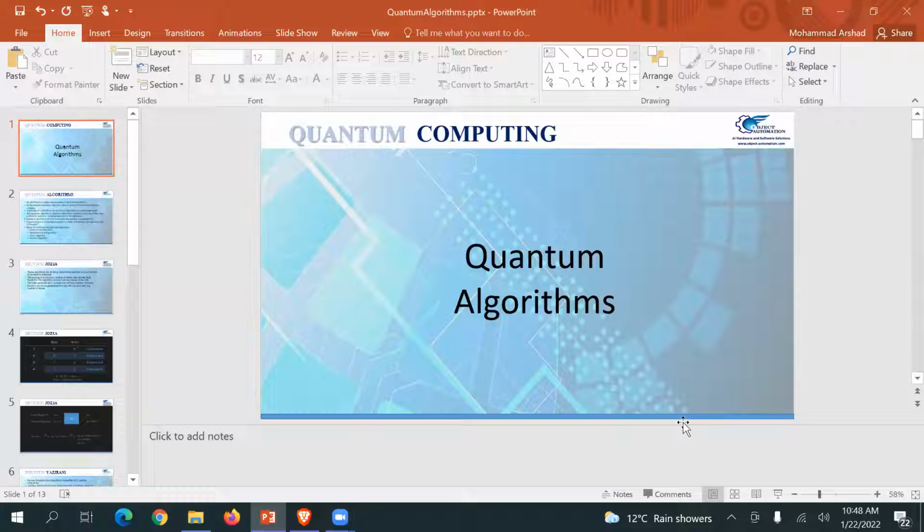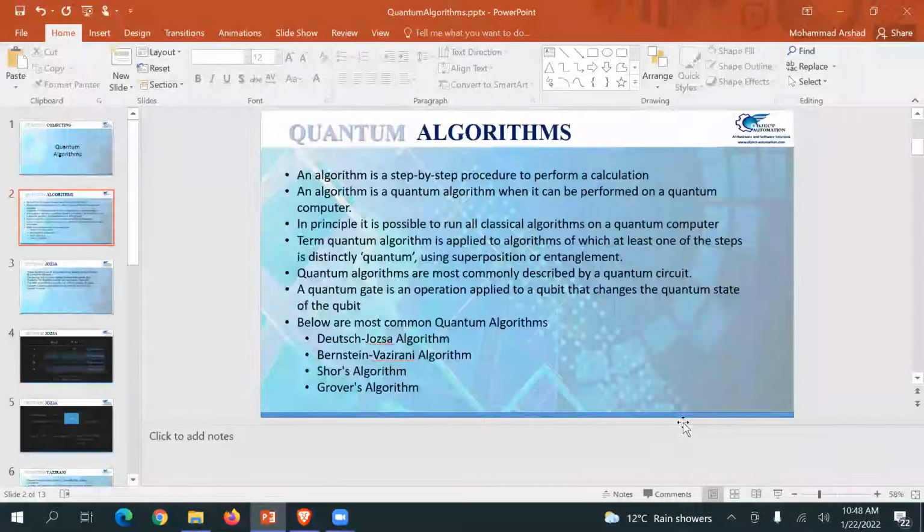So there are a couple of quantum algorithms which could be used to solve our daily life problems, which could also be solved through classical computers. But classical computers do have some limitations, as Abhishek discussed yesterday, and these problems could be solved by quantum computers in a very short amount of time.